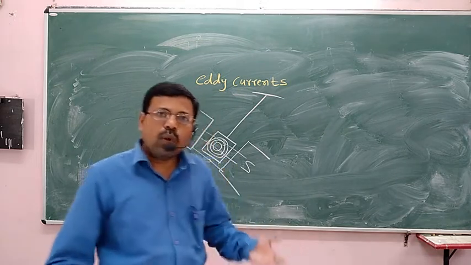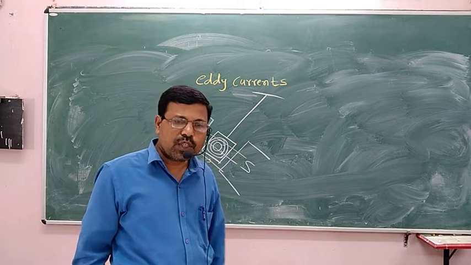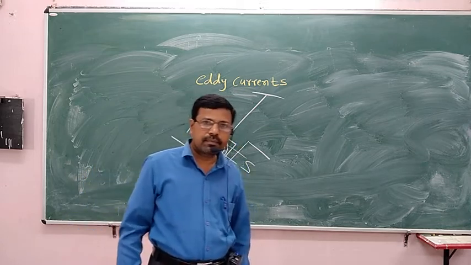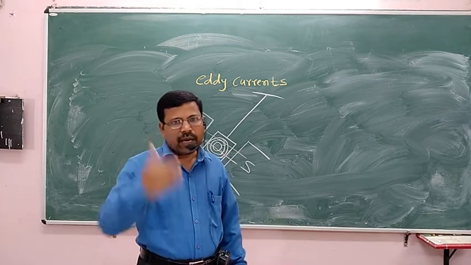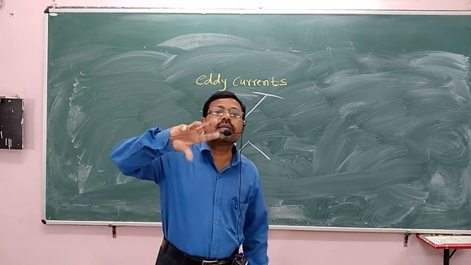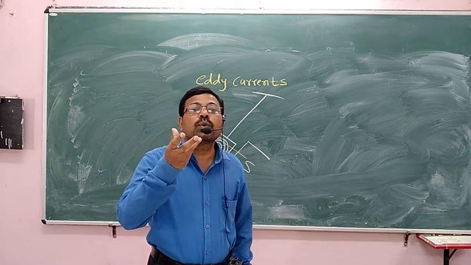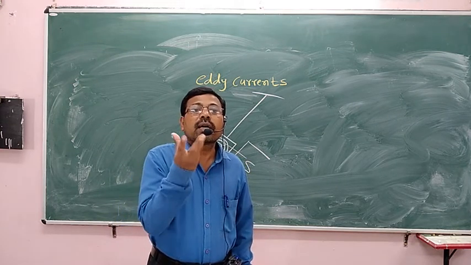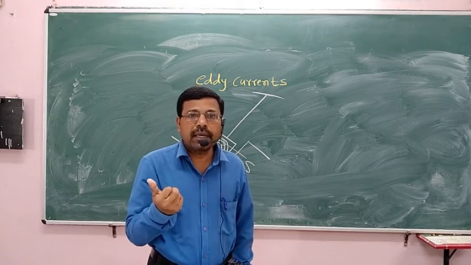Okay. What are the uses of eddy currents? Eddy currents are used in the speedometer to measure the speed of a vehicle, and eddy currents are used in electric meters in order to know the consumption of electric power in a particular building.